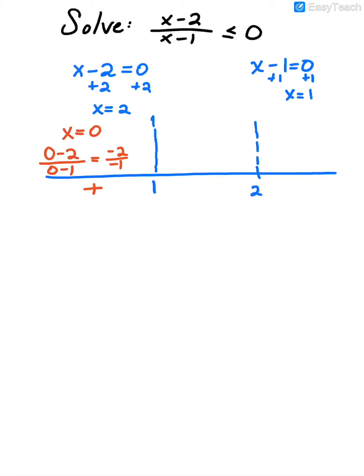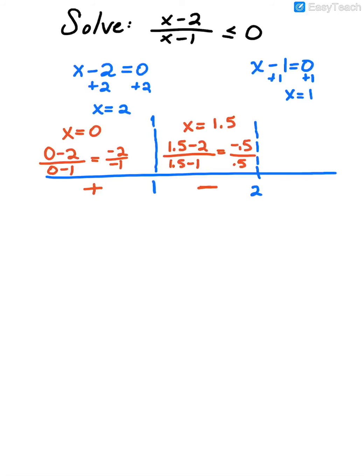In the middle, I'm going to have to plug in something between 1 and 2, so I'm going to go with the decimal 1.5. When I plug in 1.5 minus 2, that gives me -0.5. And on bottom, 1.5 minus 1 gives me a positive 0.5. Negative divided by positive ends up being negative overall.